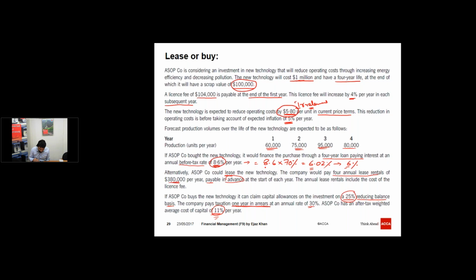So we are not taking the whole of 8.6% as our cost of finance. We are taking 70% of the finance rate as our discount rate. For Manula, for financing decision, we do not take WACC as our discount rate. We only take finance rate as our discount rate for financing decisions only. Whenever it comes to investing decision, we will take WACC.